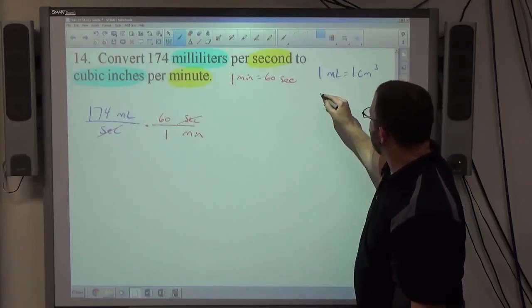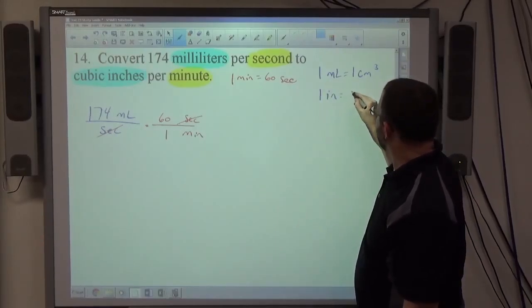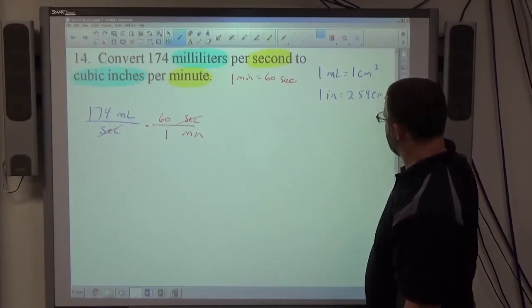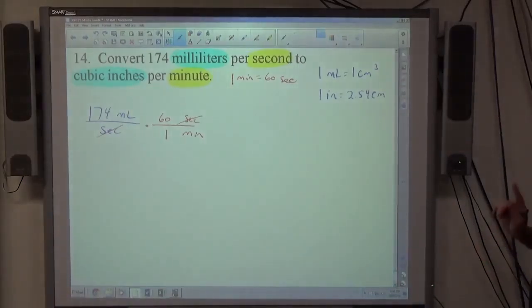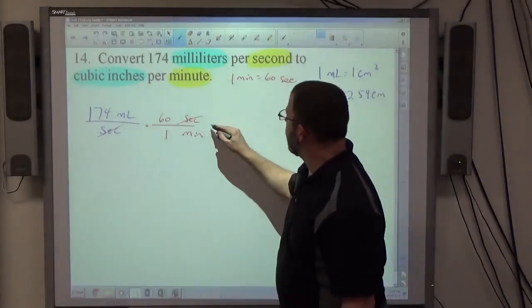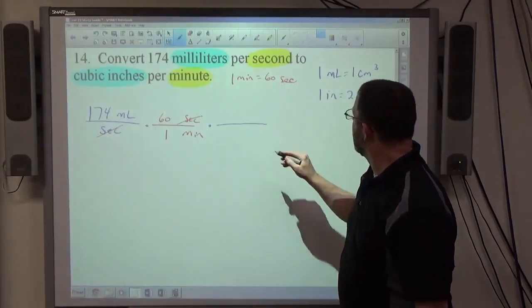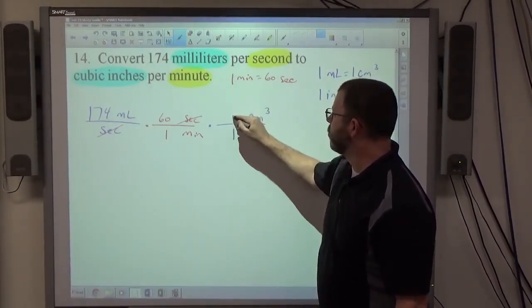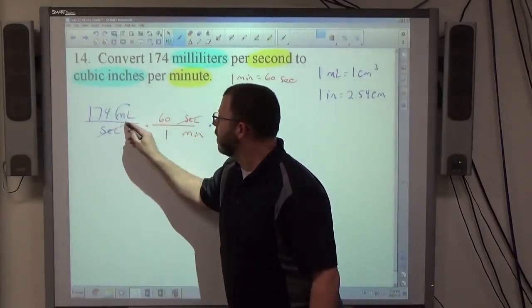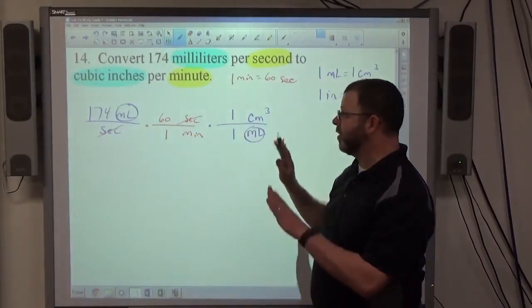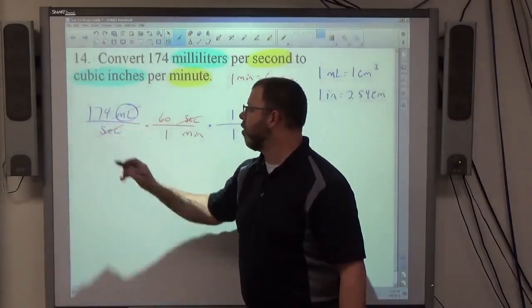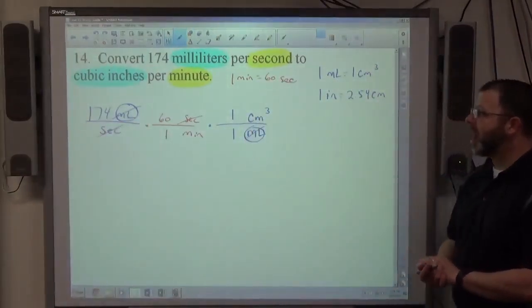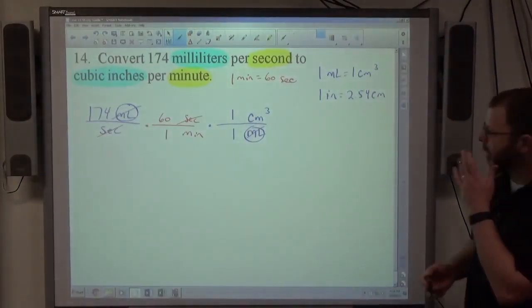And I know that 1 inch is equal to 2.54 centimeters. So, I'm going to multiply by milliliters on the bottom, centimeters cubed on top. One of these equals one of these. This is milliliters, this is milliliters, so everything's exactly as it should be. All's well, everything cancels. I'm now at cubic centimeters per minute.